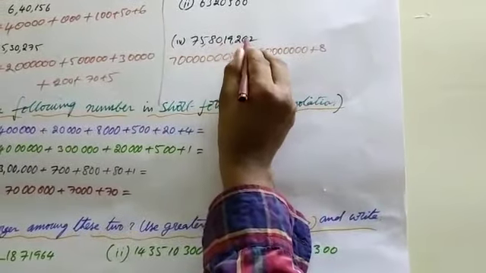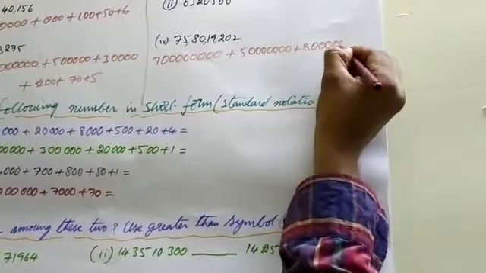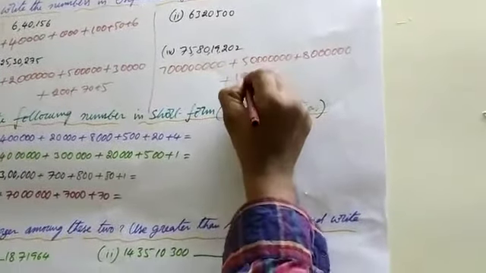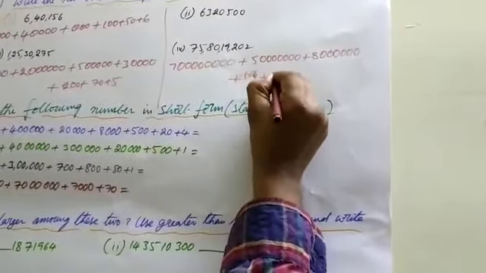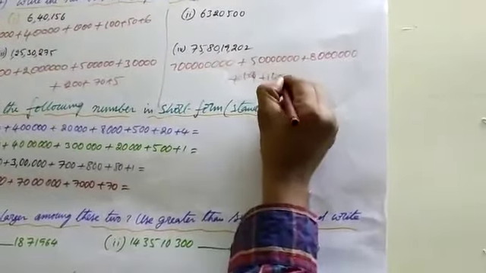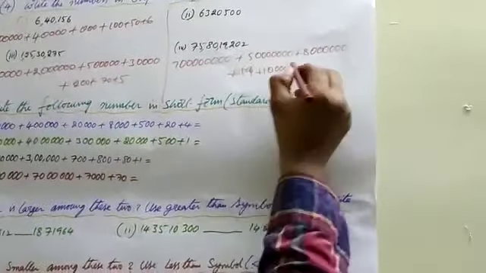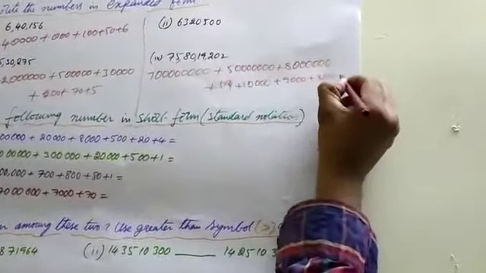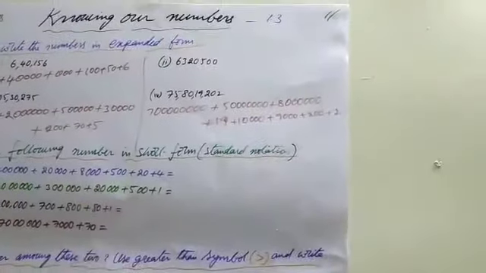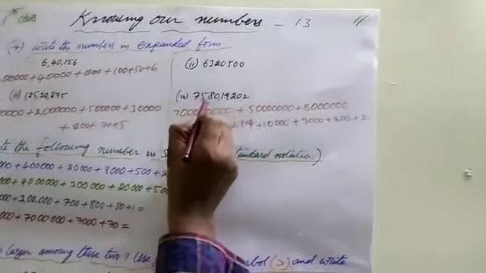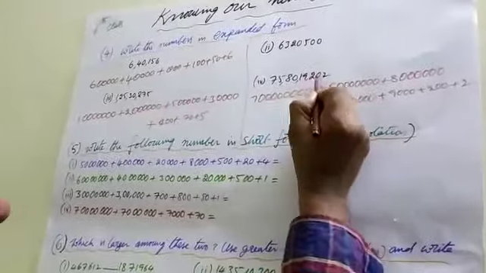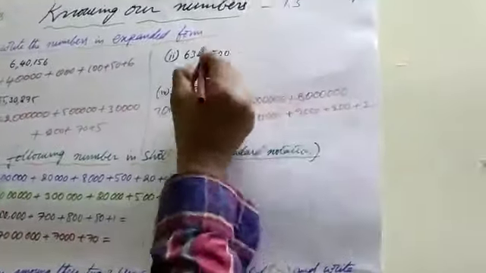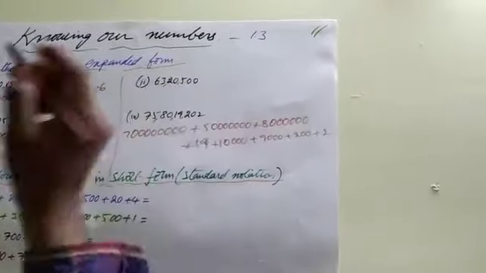Plus 19,000, plus 10,000, plus 9,000, plus 200 plus 2. This is the expanded form of 75 crores 80 lakhs 19,202. Next, second problem.